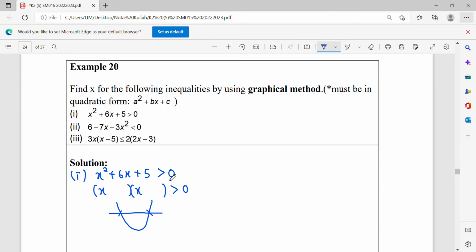Okay, you press your calculator. A equals 1, B equals 6, C equals 5. So you can get your values. x is negative 3 and 2 over 3. So you know that negative 3 is less than 2 over 3, like that. Okay, so what's your factorization here?